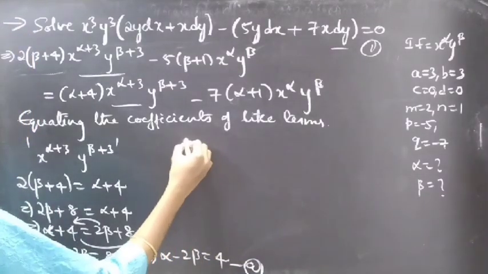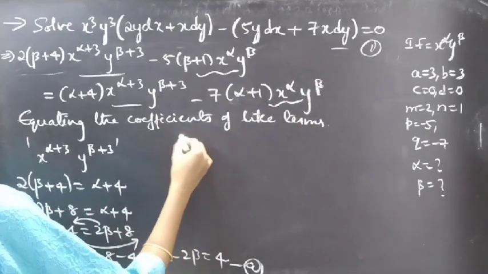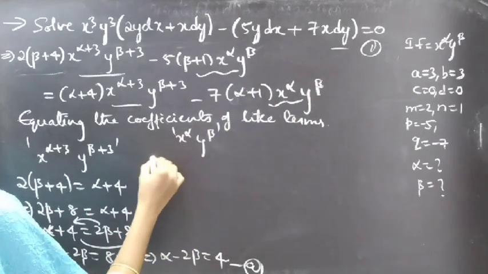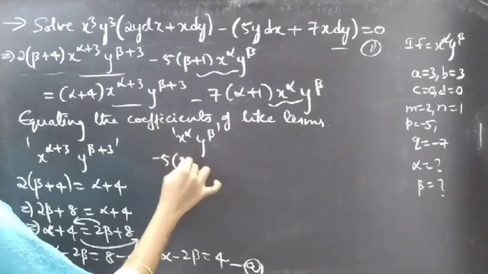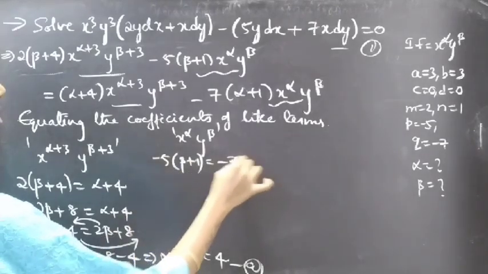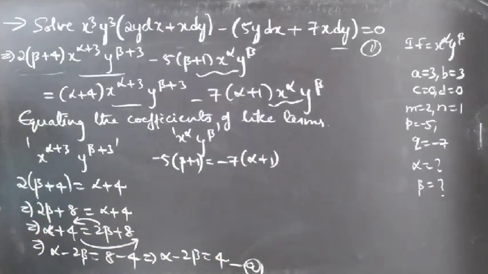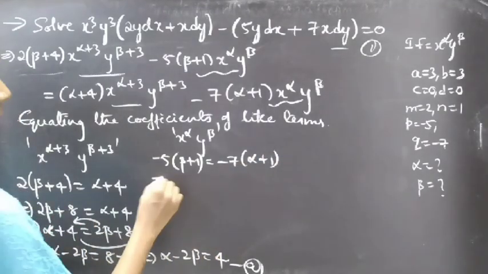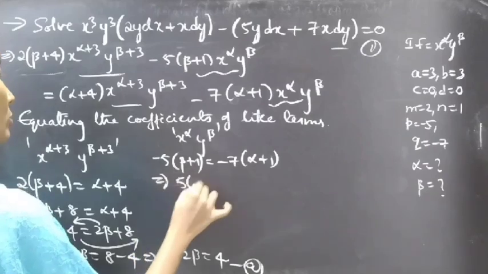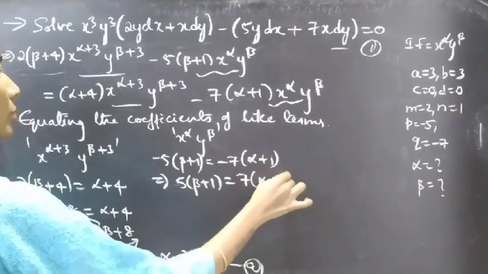Now equating the coefficient of x power alpha y power beta, you'll get 5 minus 5 into beta plus 1 equal to minus 7 into alpha plus 1. We can say 5 times beta plus 1 equal to 7 times alpha plus 1.